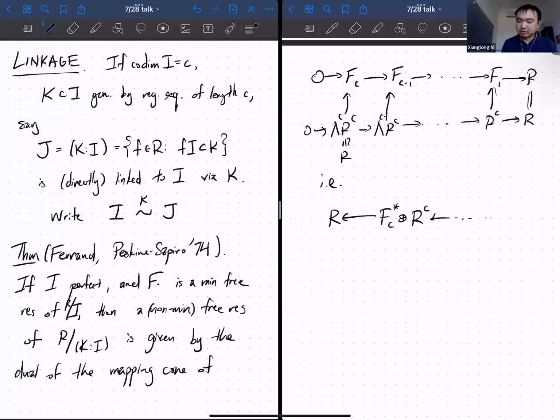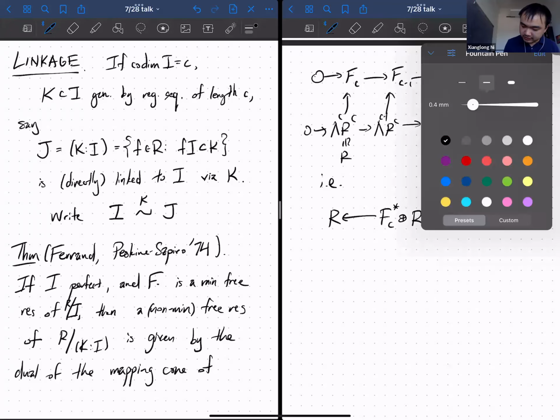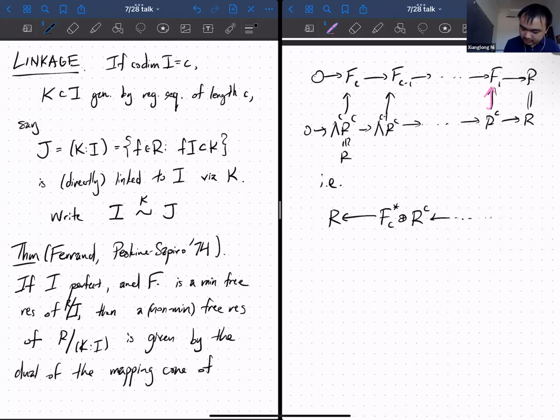And if you take minimal linkage, then this will be a split inclusion, so there'll be more cancellation. You can cancel out these c factors of R with c copies of R up here, if this is a split inclusion. That's the case that we're interested in. So if the link is minimal, which is to say I'm taking minimal generators to link with, this is a split inclusion.